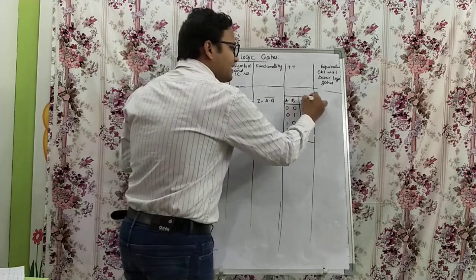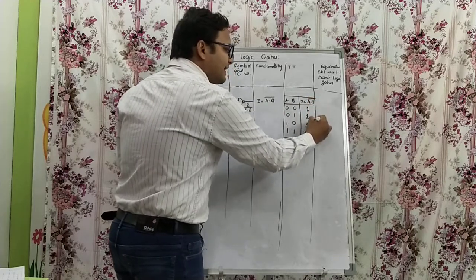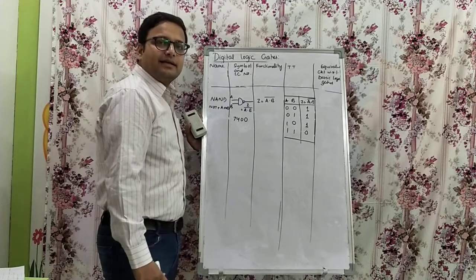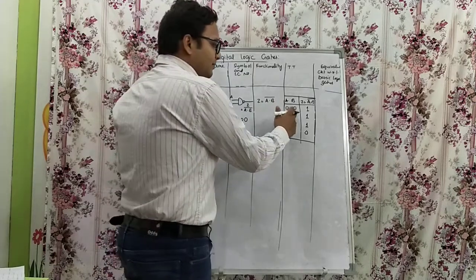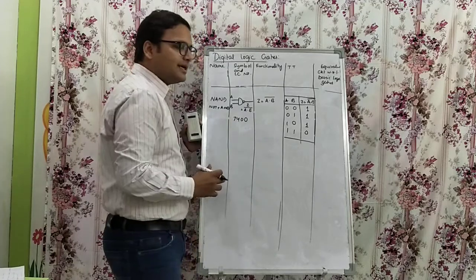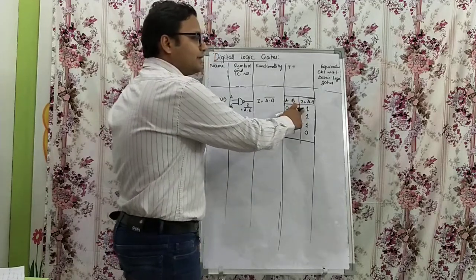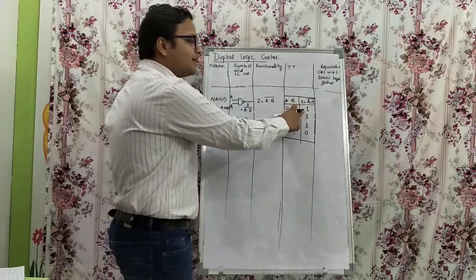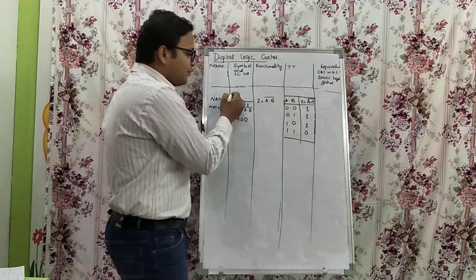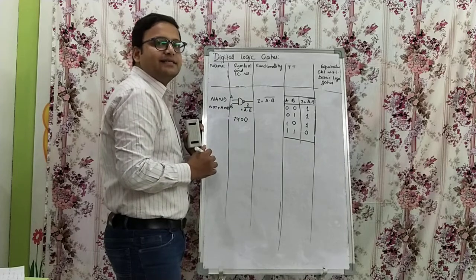Whatever the output of the AND gate is, the NAND output is just the complement of it. So the functionality of the NAND gate suggests that the output is 1 when any of the inputs to the NAND gate is 0.